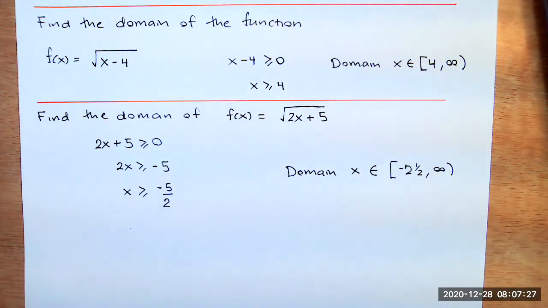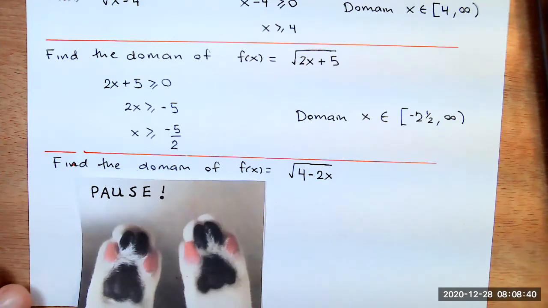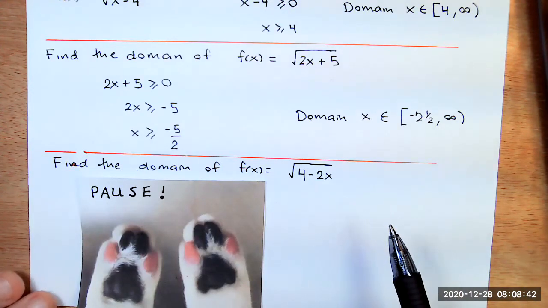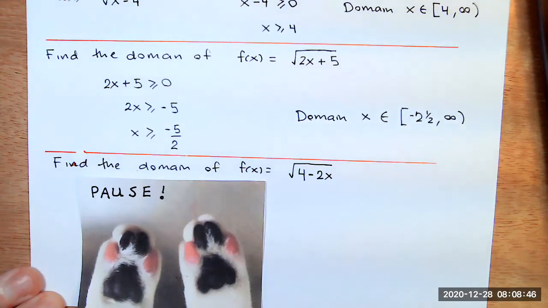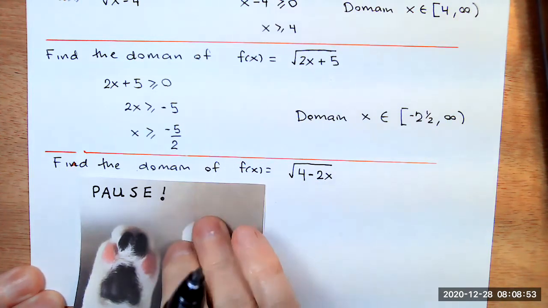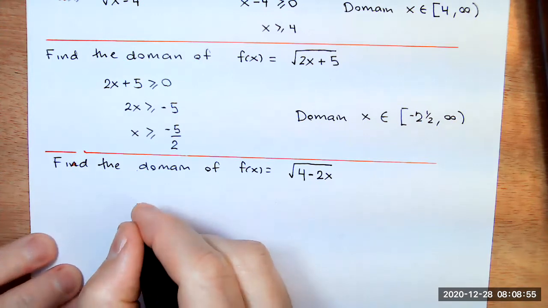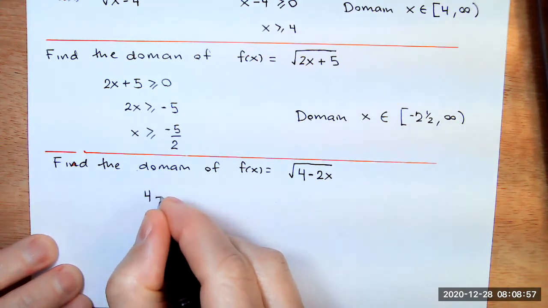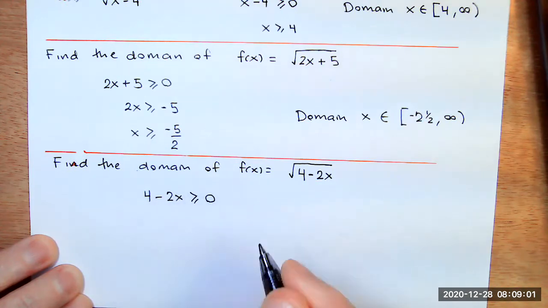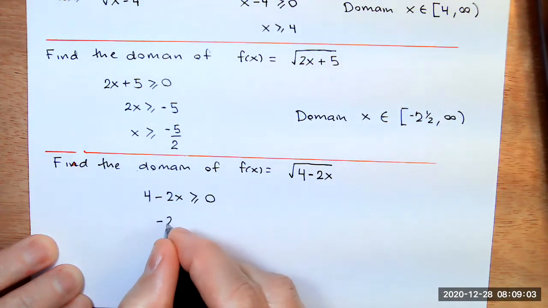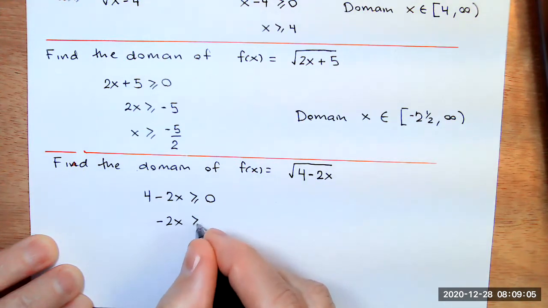Let's try another. All right, can you find the domain of f of x equals the square root of 4 minus 2x? So I would hit pause and try that one on your own. All right, just need to make sure that 4 minus 2x is greater than or equal to 0. Subtract 4 from both sides.